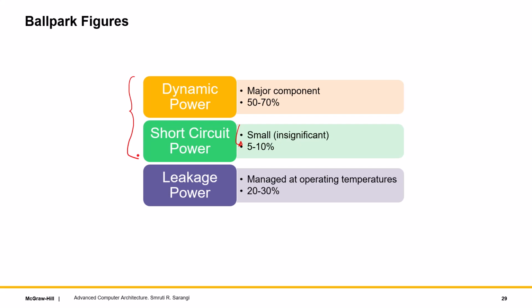It is somewhere between 20 to 30%, sometimes even more. But of course, with a lot of modern leakage control mechanisms, it has managed to remain there. That said and done, leakage or static power cannot be ignored. This is substantial.